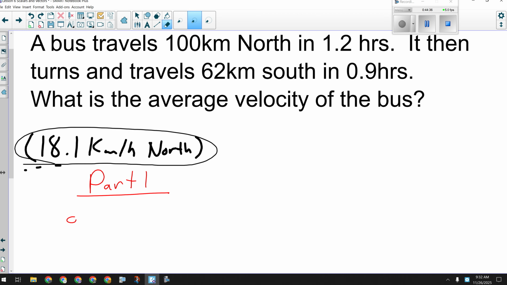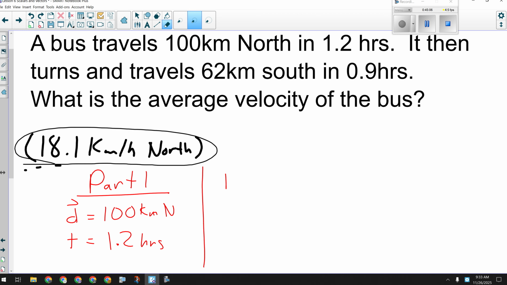So I'm going to write that it's a displacement. I can easily turn displacement into distance because this is a straight line. They're the same number, just without the north. But I'm going to write it as 100 kilometers north. And it does that in 1.2 hours. What did they give me there? Time. Okay, that's all I know for part one.